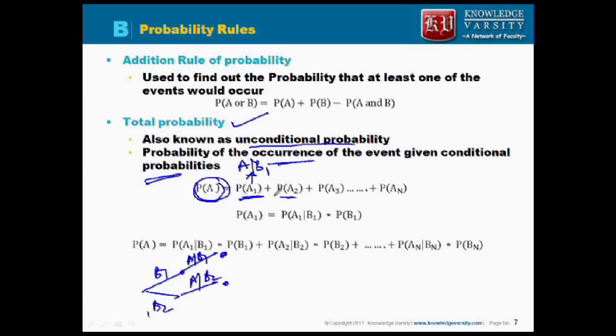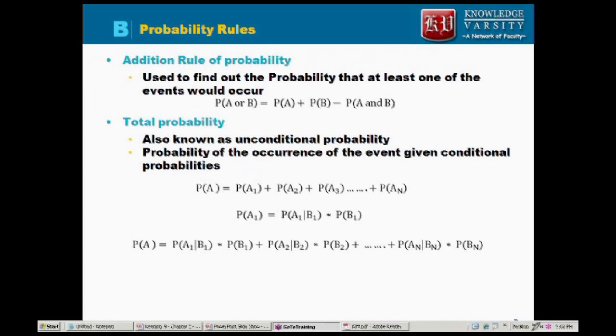So the probability of A occurring is the summation of PA1 plus PA2 plus PA3 till n. PA1 is A given B1 into P(B1). Probability of A is then written as probability of A given B1 into P(B1) plus probability of A given B2 into P(B2) till A given Bn into P(Bn). We have seen only two cases till now, but here we are generalizing the case for n events, so the total probability or unconditional probability is given as this.